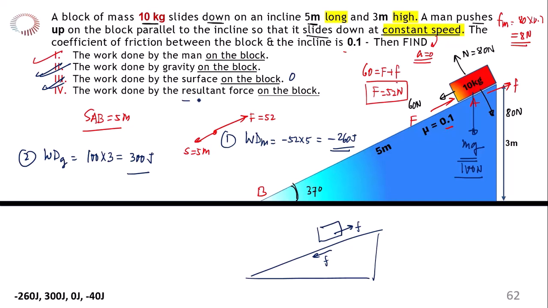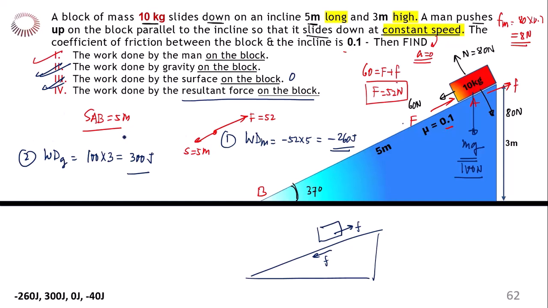So work done by the resultant force on the block. What is the resultant force? One force is capital F, another force is small f, another force is the normal Q. These all cancel out. So the net force acting on the particle is basically our 60 Newton, capital F and small f. So net work should be equal to how much?